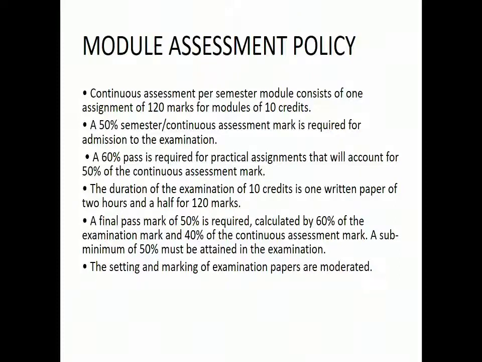The duration of the examination of 10 credits is one written paper of 2.5 hours for 120 marks. A final pass mark of 50% is required, calculated by 60% of the examination mark and 40% of the continuous assessment mark. A sub-minimum of 50% must be attained in the examination. The setting and marking of examination papers are moderated.